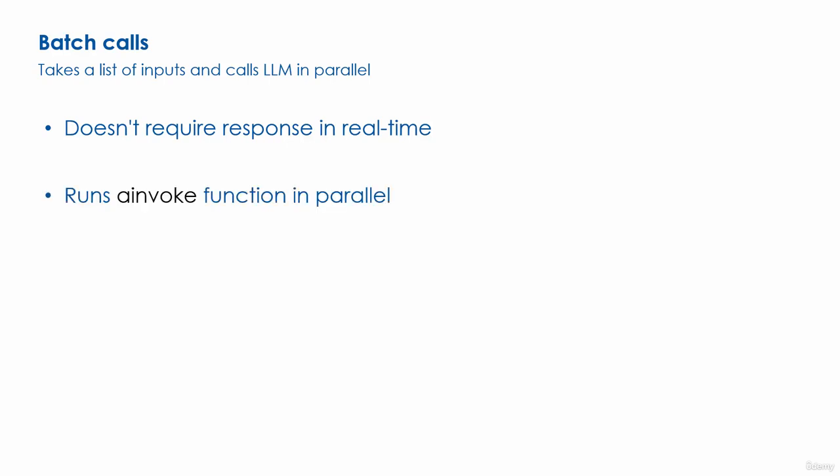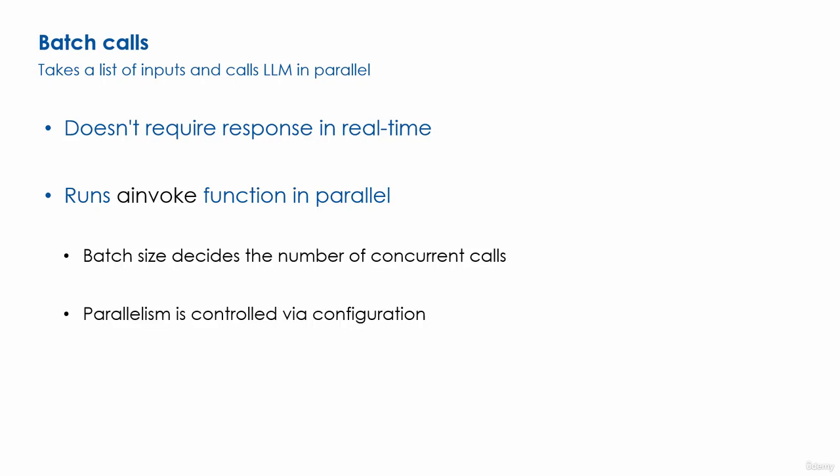Under the hood, batch processing uses the async invoke function to handle multiple inputs in parallel. The batch size, which determines the number of concurrent calls, is controlled via configuration settings. Batches can simplify the task of bulk processing of inputs.